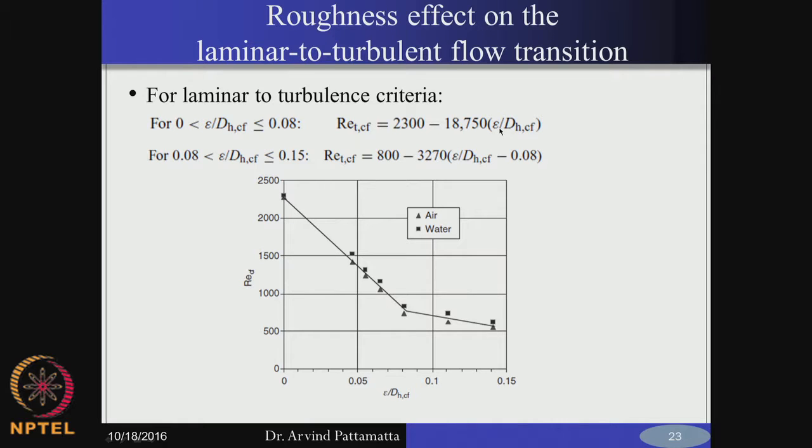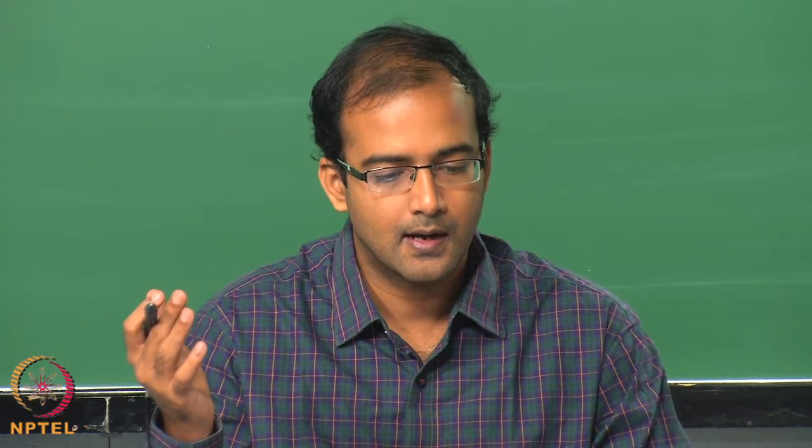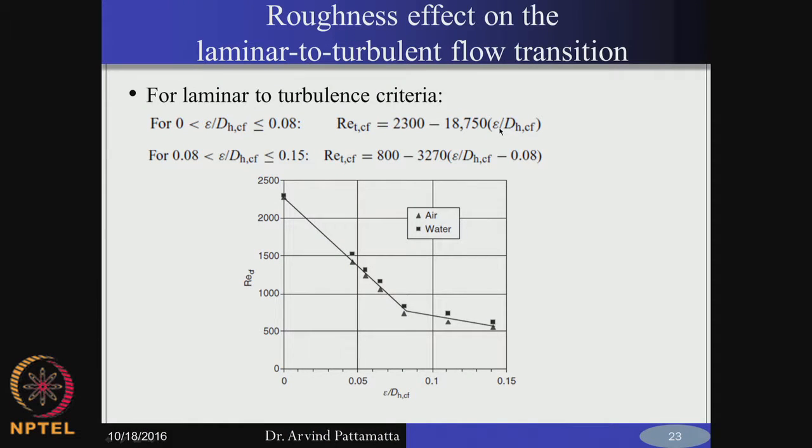Okay. So, it will keep reducing progressively, and this is a kind of a linear reduction. Okay. So, therefore, the larger the value of epsilon, you have a considerable reduction in the Reynolds number where it becomes turbulent. And again there are two correlations here depending on the roughness height.